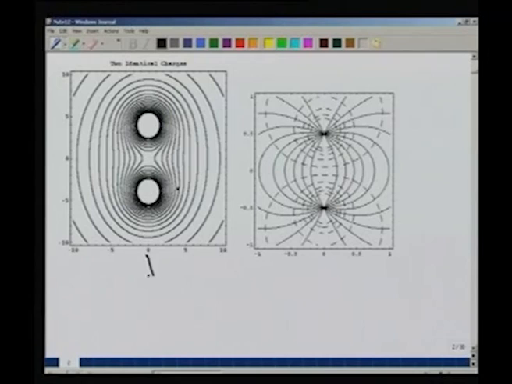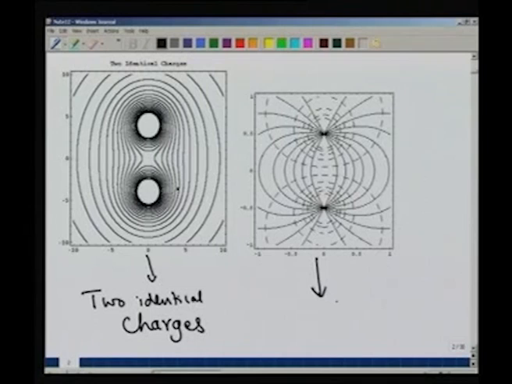Now, this corresponds to two identical charges and this corresponds to the dipole. What are the essential features that we have to know? Both of them are not drawn to the same scale, so please don't try to make any other comparison. Very close to either of the charges, the equipotential surfaces are all spheres.